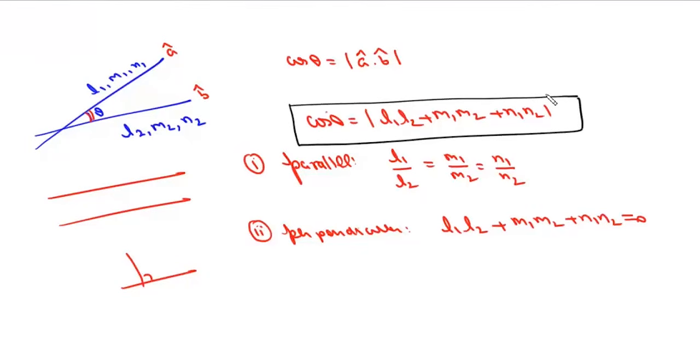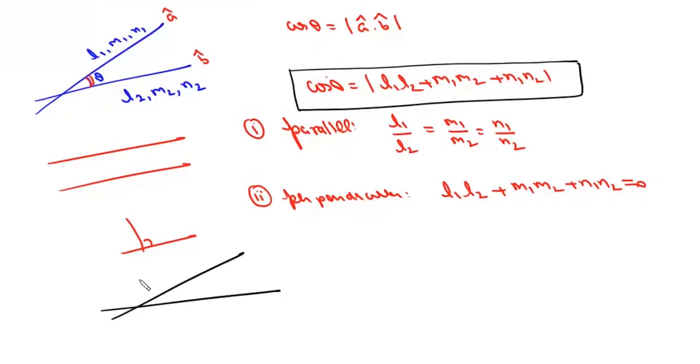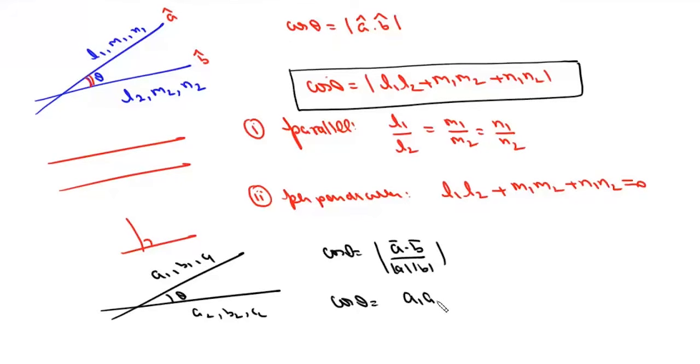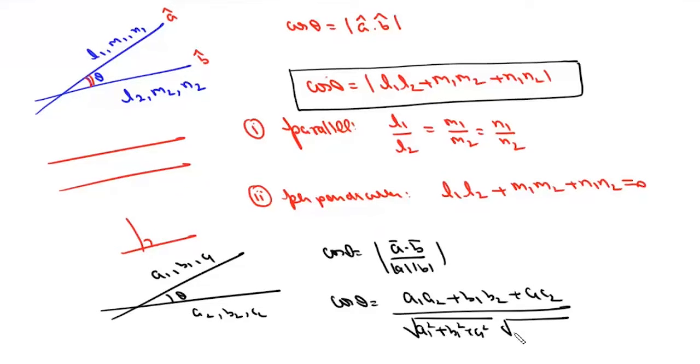Now if in place of direction cosines we have direction ratios, say a1, b1, c1 and a2, b2, c2, then we can write cos theta as a dot b upon mod a mod b, with the mod sign. So the angle between them is given by a1 a2 plus b1 b2 plus c1 c2 upon the square root of a1 square plus b1 square plus c1 square, times the square root of a2 square plus b2 square plus c2 square, all in mod.